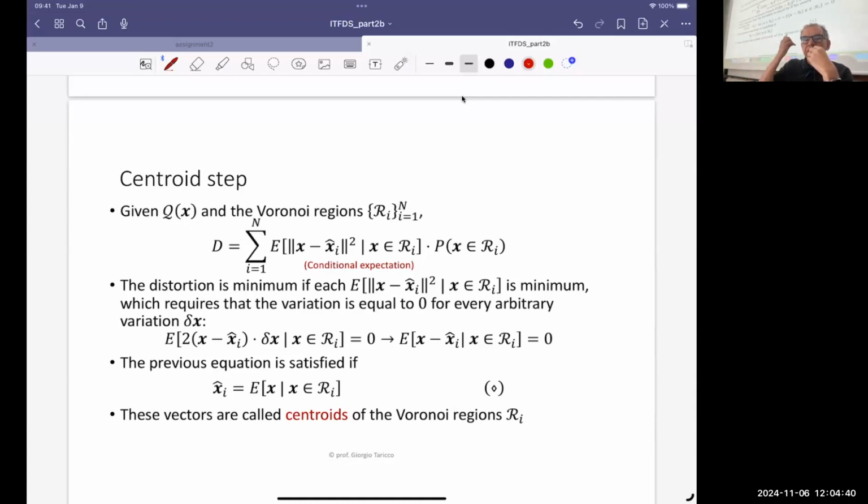improve the distortion. This corresponds to minimizing the function d with respect to the quantization point. So keep in mind that we have fixed the Voronoi region.